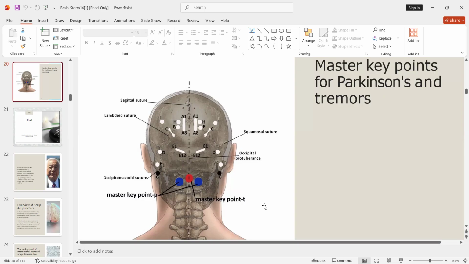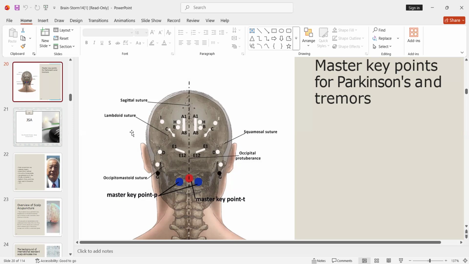Anyone tell me how you find the lambdoid suture and the lambda point? It is at the C point, sir. Yeah, at the C point.